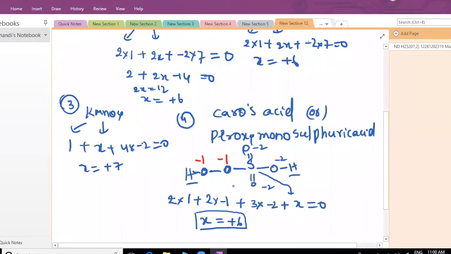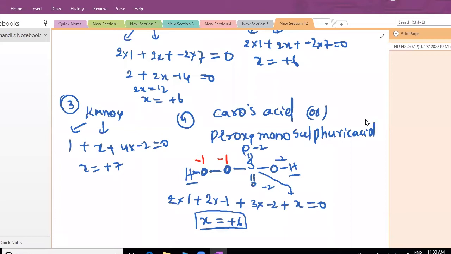Sulfur is in the 16th group, so its valence electrons is 6. Peroxide is O2 2-, sir. I think you didn't get that point. Please note down again, I gave O2 2-.